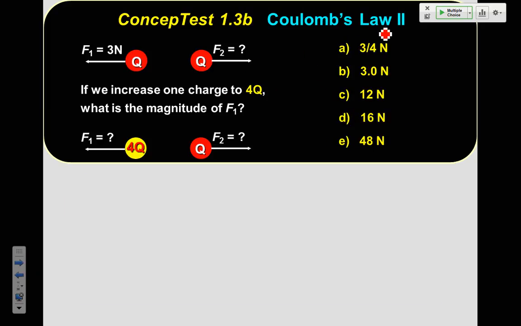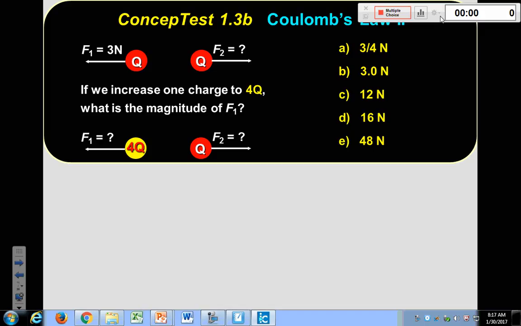If we increase one charge to 4Q, what is the magnitude of F1? So initially F1 is 3 newtons. But what if I increase one of the charges, this one, to 4 times its original value? What then will be the force?